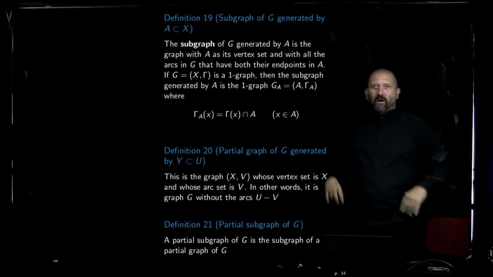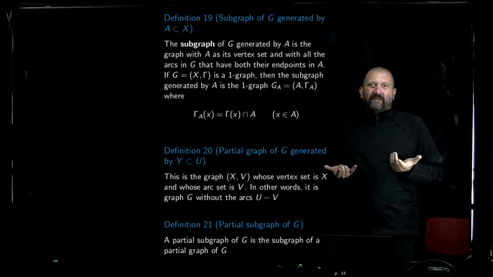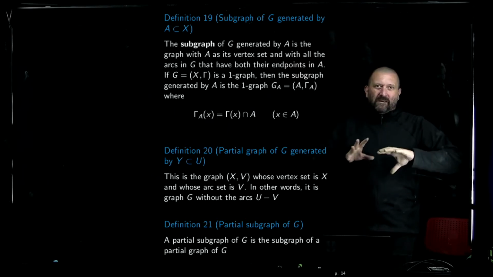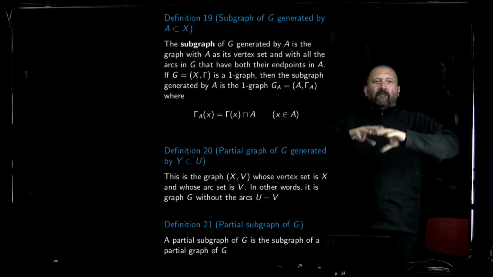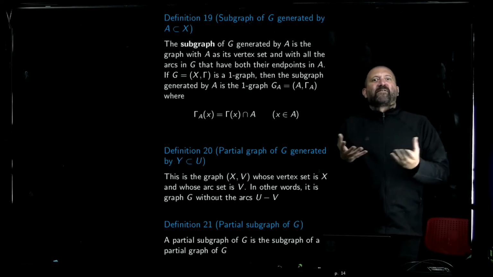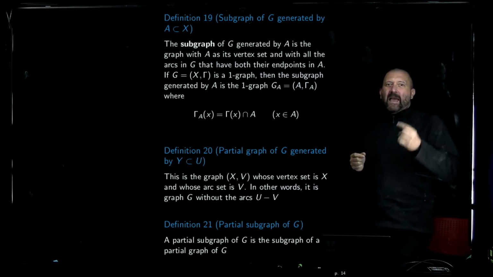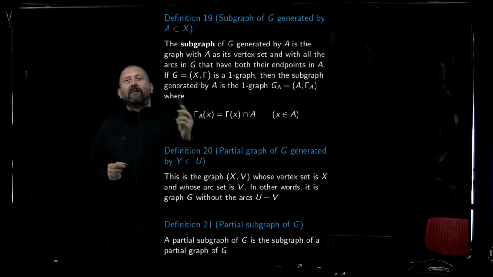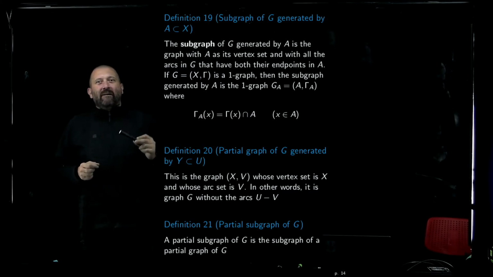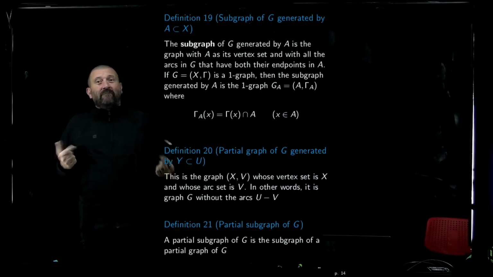Subgraphs. A subgraph is a new graph, essentially, that's generated by considering only the vertices belonging to a subset A of the original set of vertices. And a subgraph contains all the arcs that link vertices within the subgraph, and none of the others.